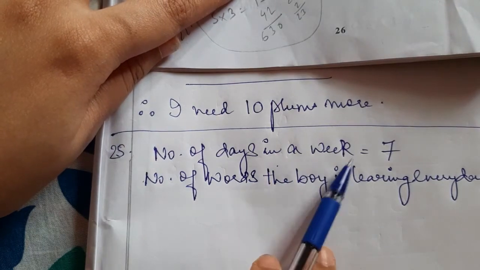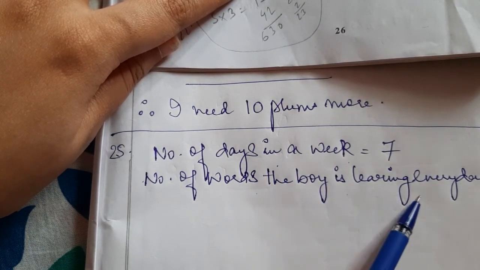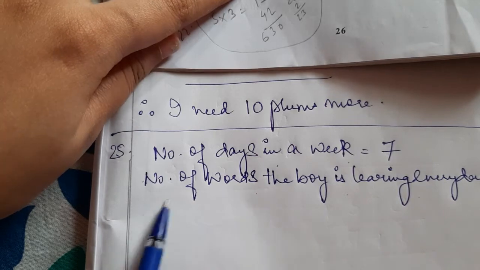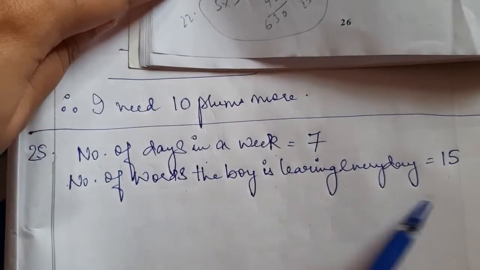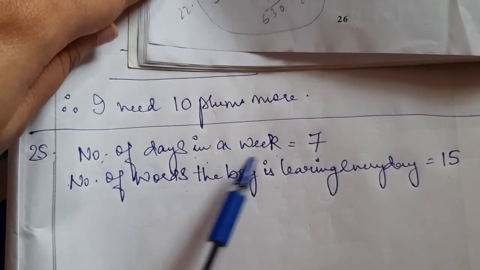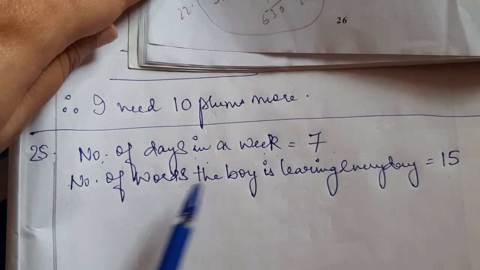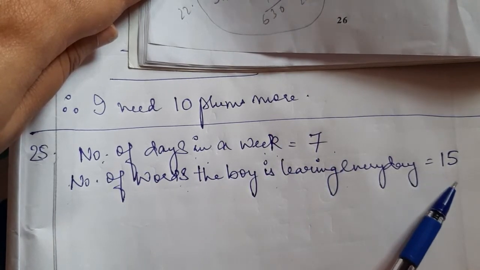Number of words the boy is learning every day is 15. You can also, if the statement is too big for you, write number of days in a week 7 and number of words is equal to 15. You can shorten it if you want.